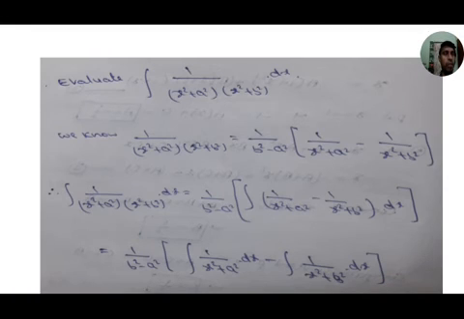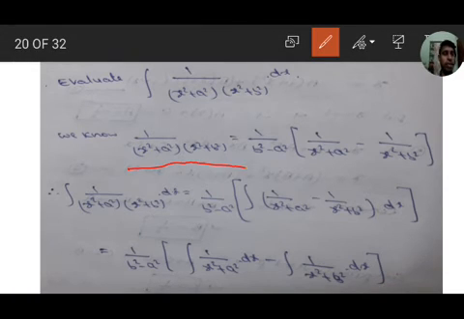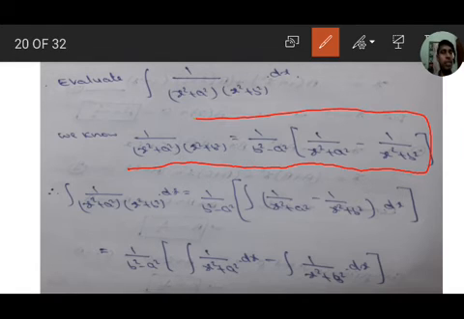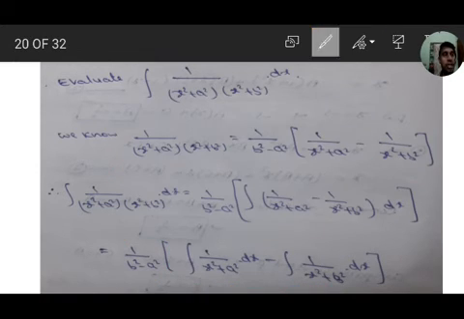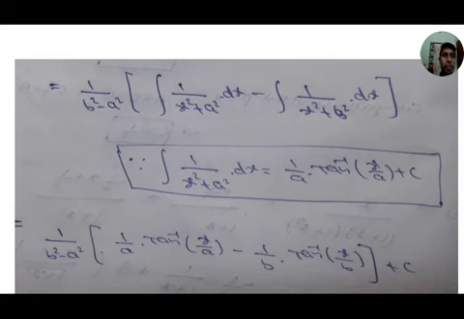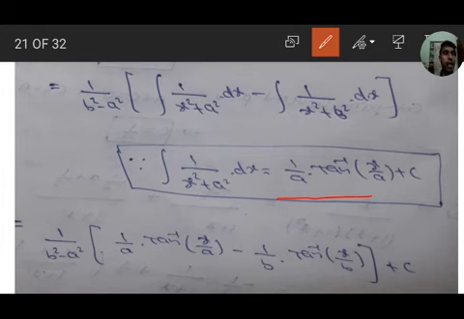Here we have to remember this formula: 1/((x²+a²)(x²+b²)) = 1/(b²−a²) × [1/(x²+a²) − 1/(x²+b²)]. Then the integration is direct: 1/(b²−a²) is the coefficient outside, and we integrate 1/(x²+a²) dx minus 1/(x²+b²) dx. The formula is integration of 1/(x²+a²) dx equals (1/a) tan⁻¹(x/a). Here a is the same.